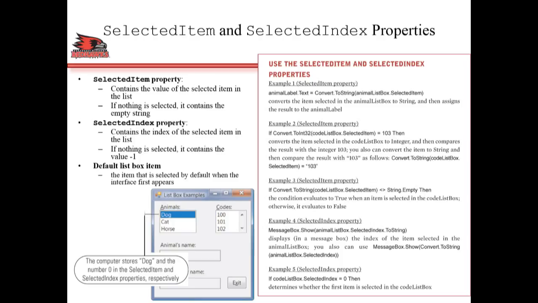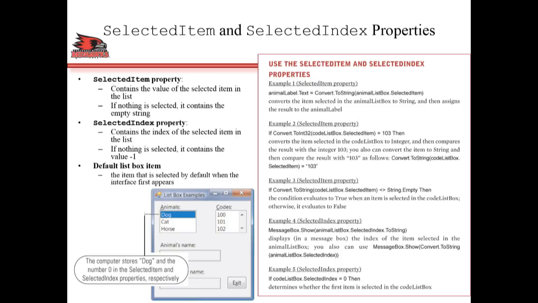So once you select an item in the animal list box, this line of code will display that same item in the animal label. You can use that to show labels or index numbers in message boxes, code list boxes, and all that.